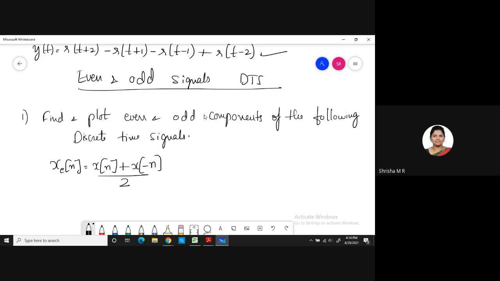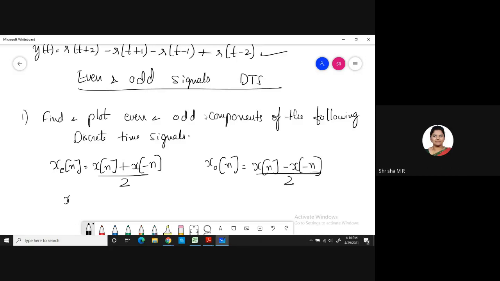X o of n is the odd component of the signal. So what is the equation for this? x of n minus x of minus n divided by 2.